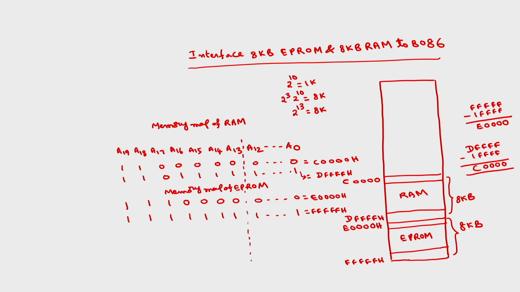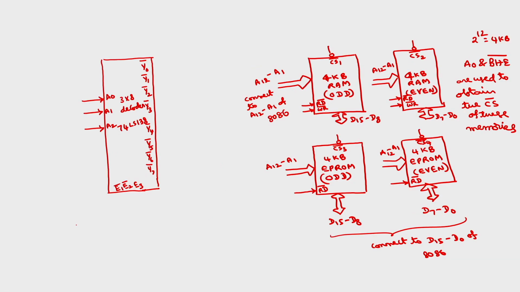So, the only difference between the RAM memory map and the EPROM memory map is that A17 is 0 from the starting to the ending address of RAM, and A17 is 1 from the starting to the ending address of EPROM. This A17 I am going to connect to A2 of this decoder, and A0 and BHE bar, as I have told, we have to use for selecting the chip select. So I will connect A0 here, BHE bar here.